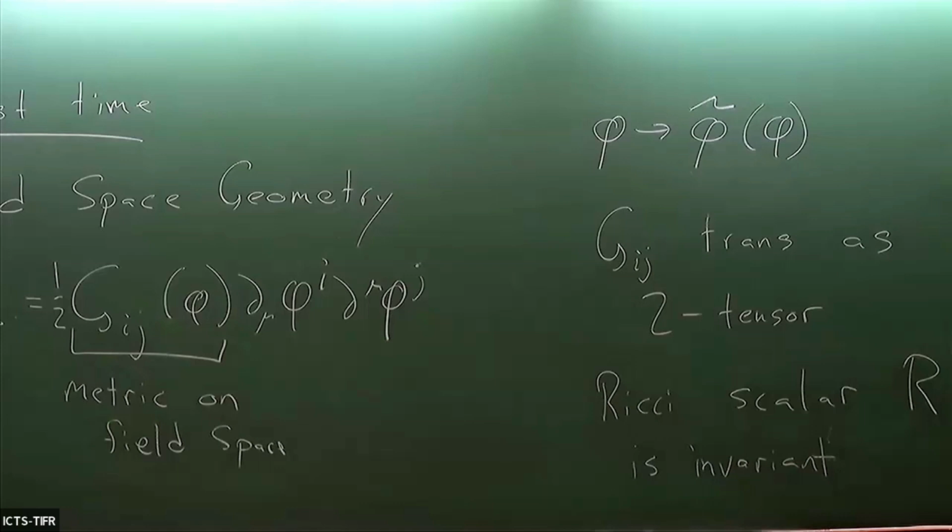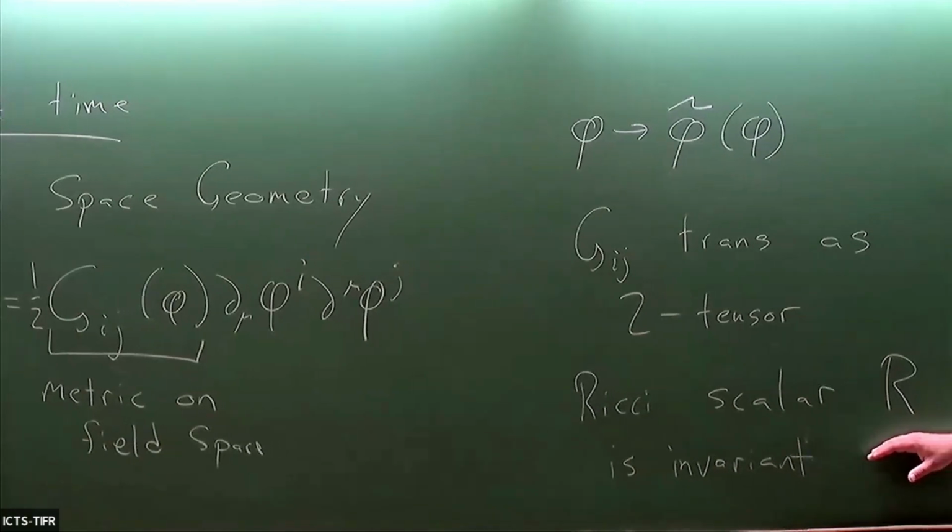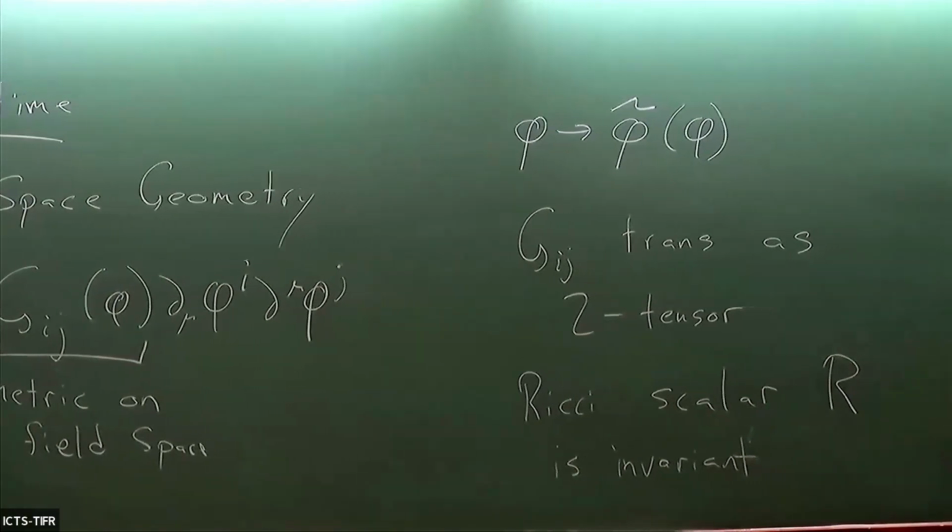Nonetheless, we have this necessary condition for invariance, okay, which is that we should be building our observables, namely our amplitudes here, so they're pseudo-observables, in terms of objects such as the Ricci scalar, okay?